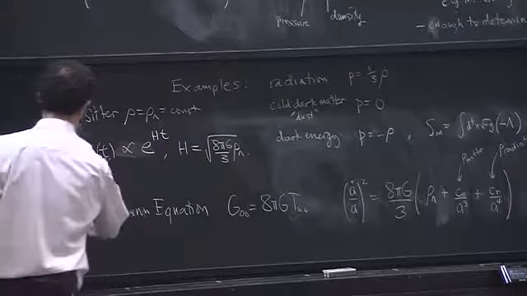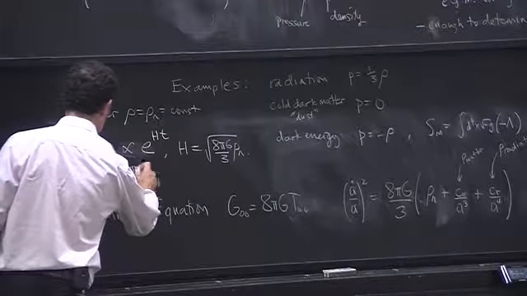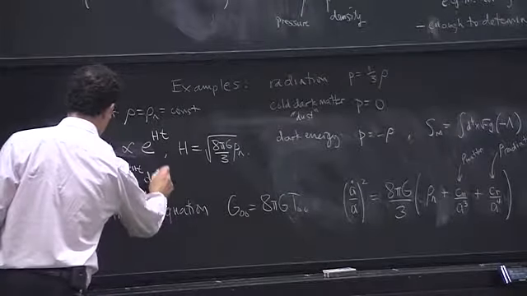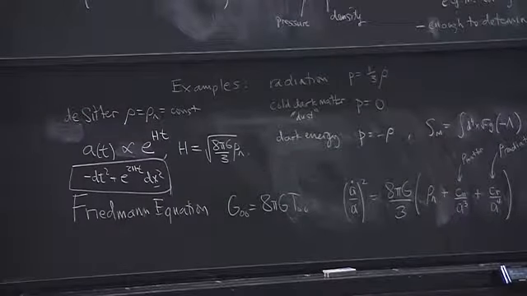And so the metric is just minus dt squared plus e to the 2ht times dx squared. It's just a flat universe with the scale factor growing exponentially, driven by the dark energy.